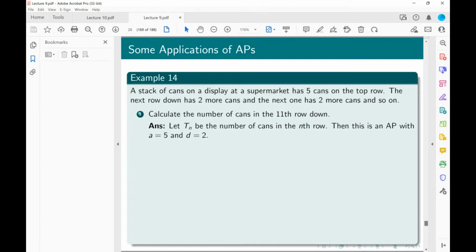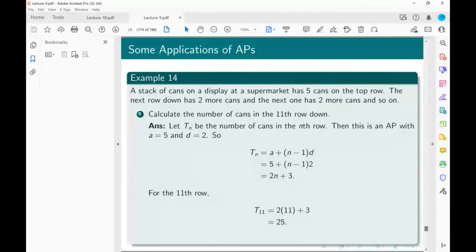So this is an AP with initial term 5 and common difference 2. Substituting in, we have 5 plus (n minus 1) times 2, so 2n plus 3. When n is 11, that gives us 25. So there's 25 cans in the 11th row.